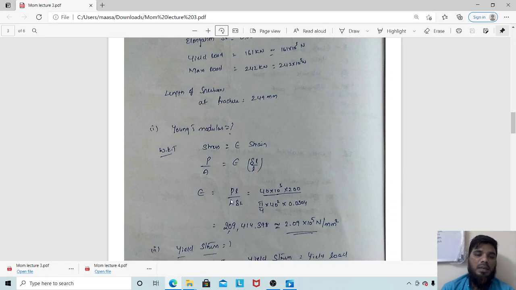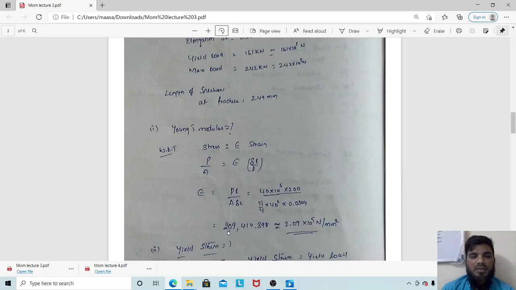The value of P is 40 into 10 to the power of 3, L we know to be 200, and for a circular section, when the diameter is given, area is pi by 4 d squared. The d is 40 squared, into delta L, which is 0.0304. So try to solve this using a calculator.